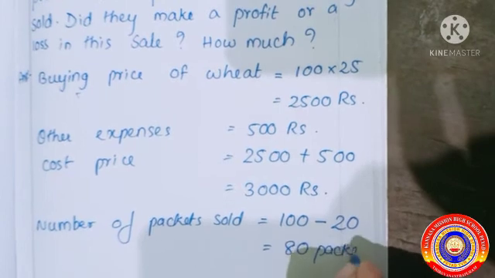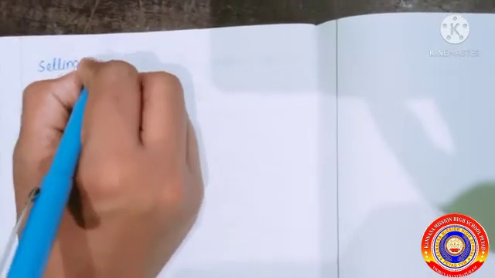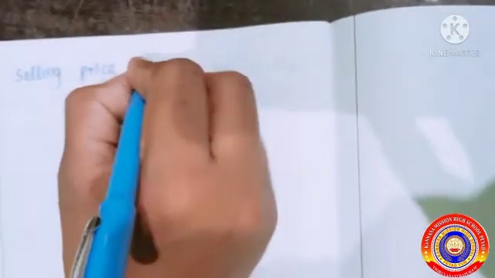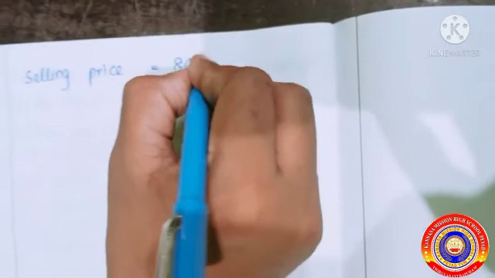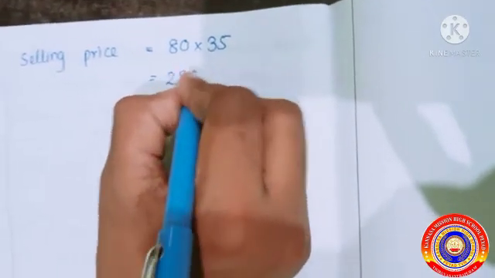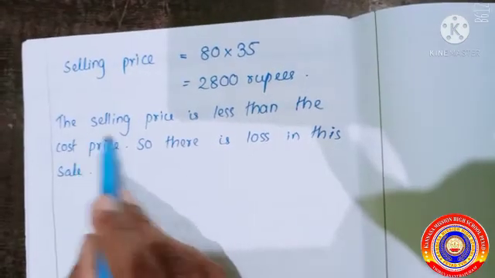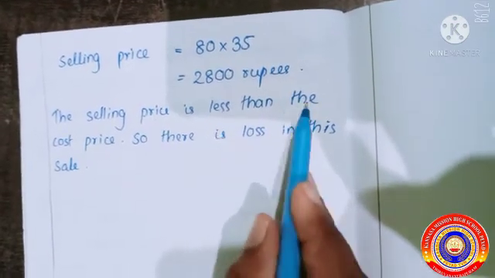Now we can find the selling price of these 80 packets. That is, selling price is equal to 80 into 35. 80 into 35 is equal to 2800 rupees. The selling price is less than the cost price.